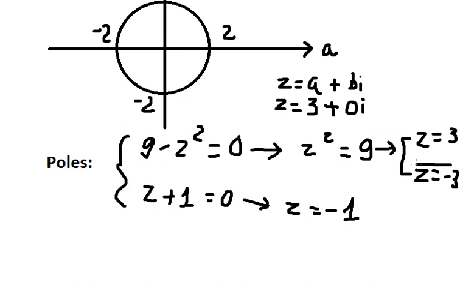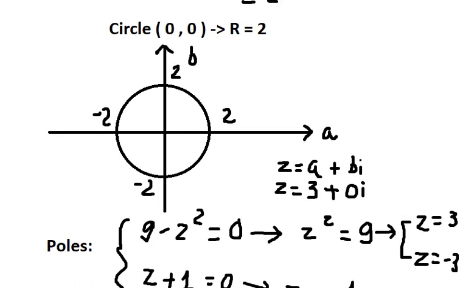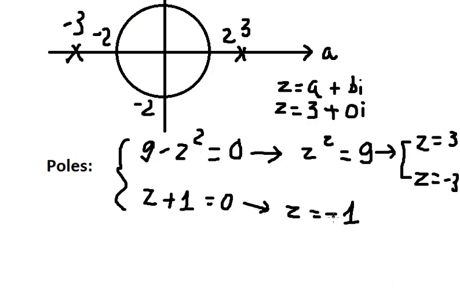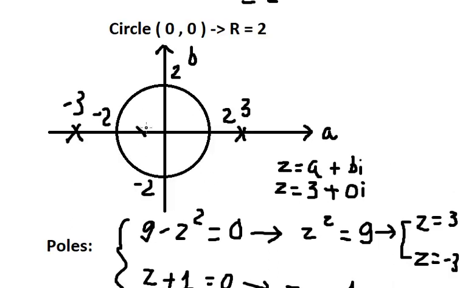And we can do similar for this one and this one. So that means a equals 3. So 3 is here. Negative 3 is here. Negative 1 is here.